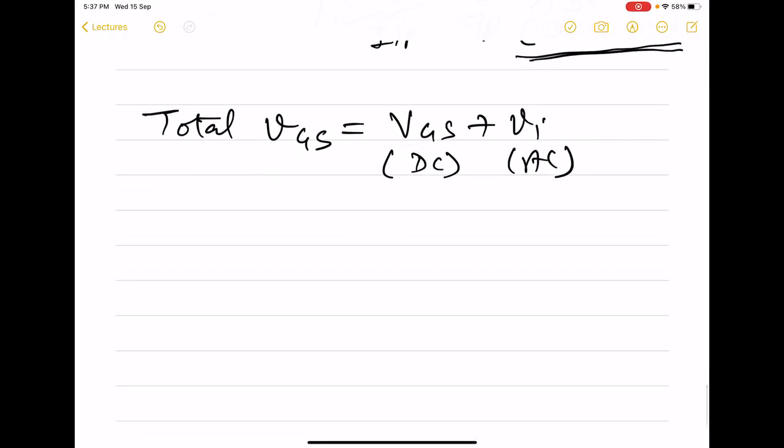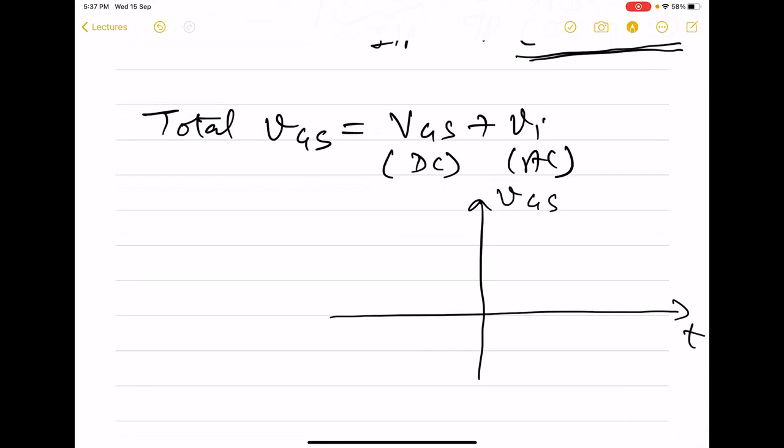Now if you see this graphically, this is our total gate to source voltage. What we have here is DC.